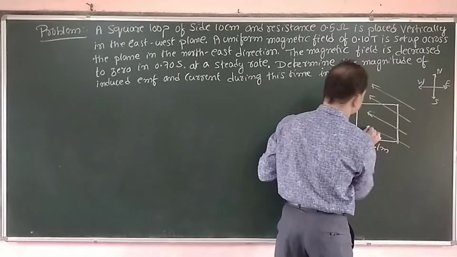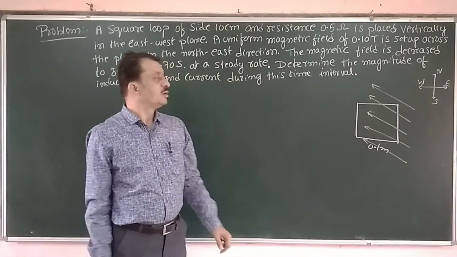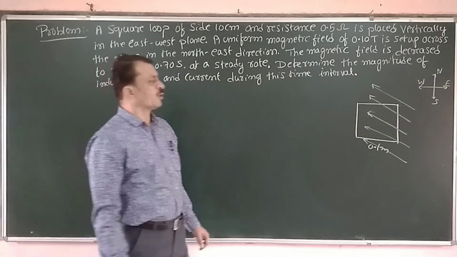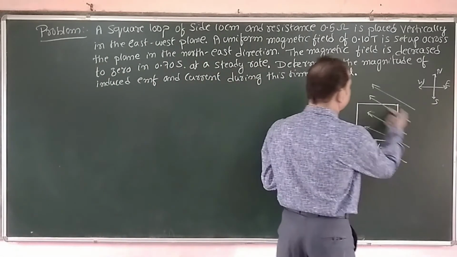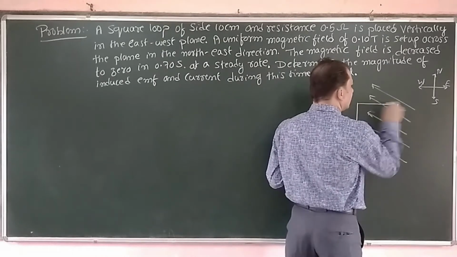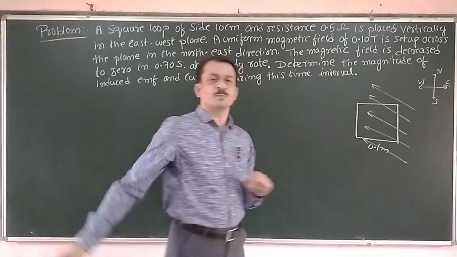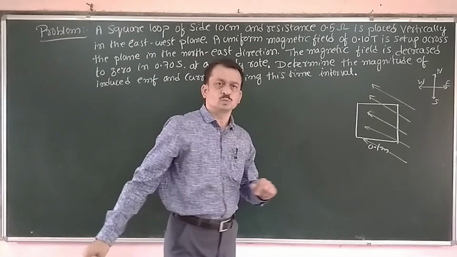It is the northeast direction, the magnetic field applied is along this direction. So this is the magnetic field direction and this is the square loop. Its area vector is perpendicular to the plane of the board and it is into the board.